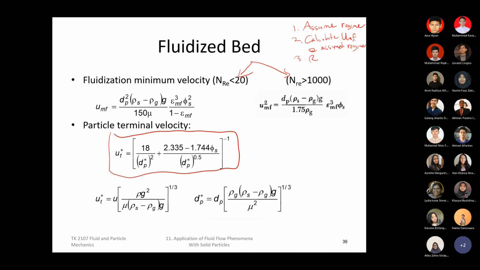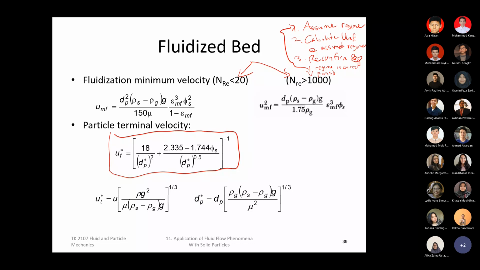Then reconfirm the Reynolds particle. If the regime is correct, that means consistent with the initial assumption, then you finish. But if it's not correct, then you start with a different assumption, for example now assuming it's a laminar process.